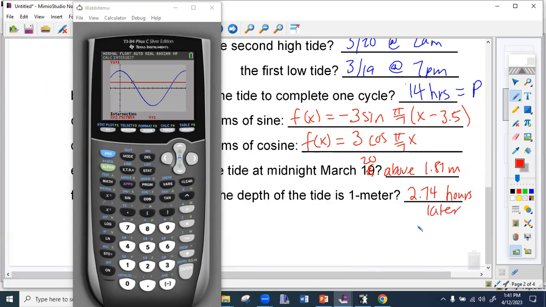That's almost 2:45. 2:45 afternoon? Yeah. Roughly 2:45 p.m. Because a quarter of an hour is 45 minutes, right? 0.74? 0.75? 3/4 of an hour? Yeah.